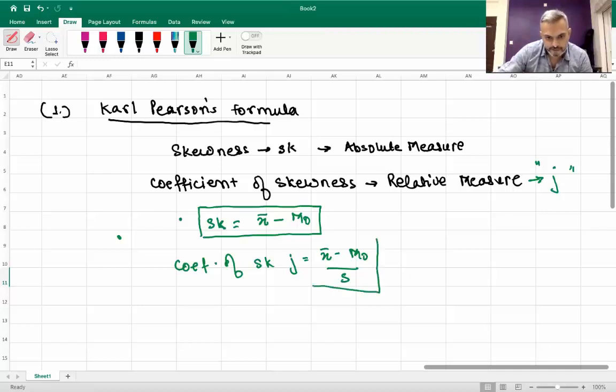Now S is the standard deviation. So you know all the measures what I've written over here. You know how to find out mean, how to find out mode, how to find out standard deviation.